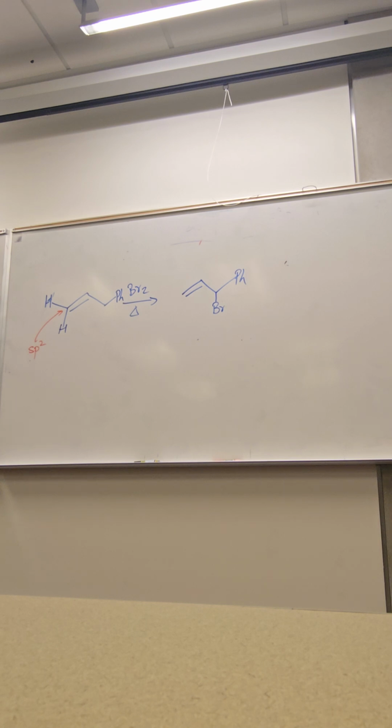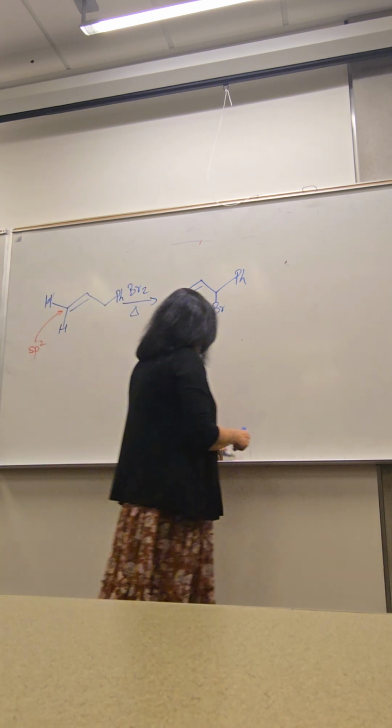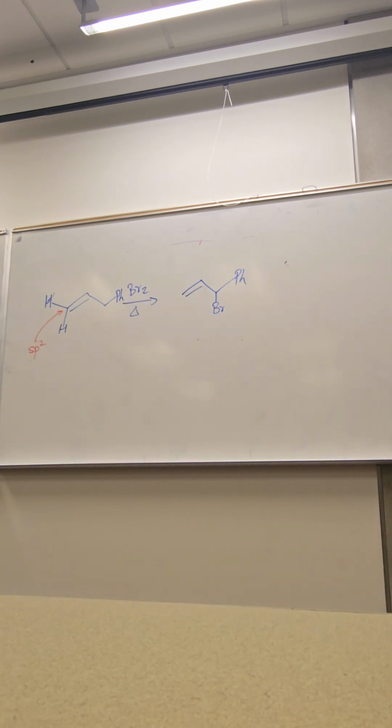Can you write the mechanism? Go ahead, write the mechanism, please, quickly. So initiation stage: the Br2 separates into 2 Br radicals. Go ahead, let's do this fast. Okay.